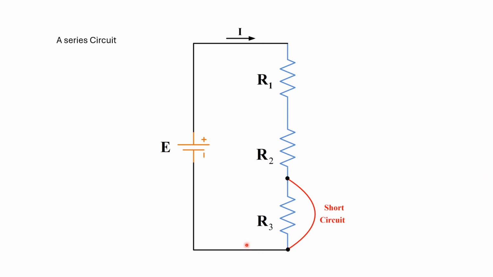So you have the current flowing through, and you'll drop voltage across these resistors because it's being pressured in through, and so that's that.